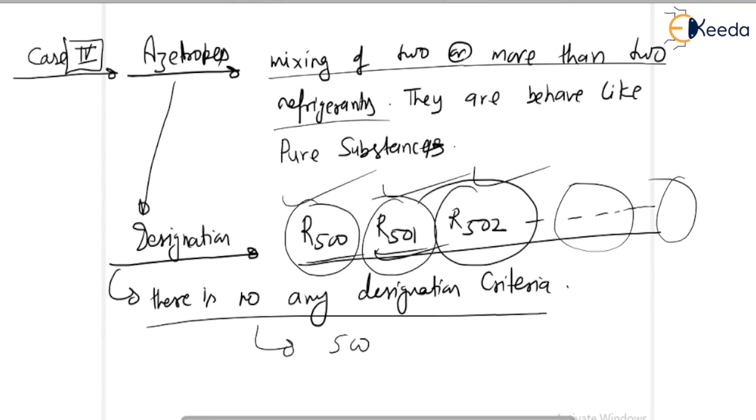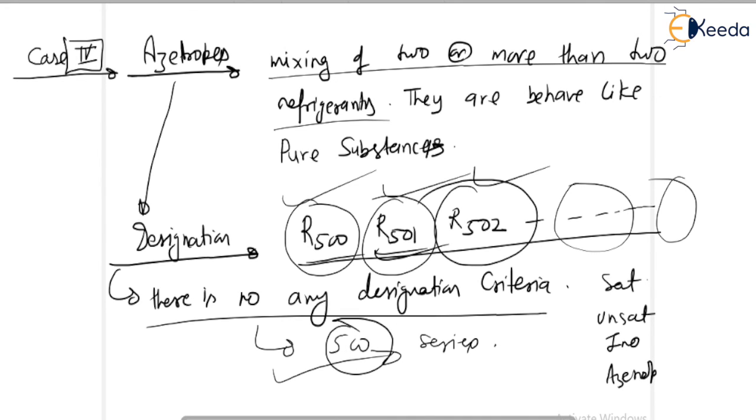But in examination, if an option is in the form of 500 and the examiner talks about azeotropes, so you have to firstly go for the 500 series. Okay? So this is the way to represent our refrigerant in a technical or standard manner, and this is the way to represent or designate our refrigerant either for saturated or unsaturated or inorganic or azeotropes.